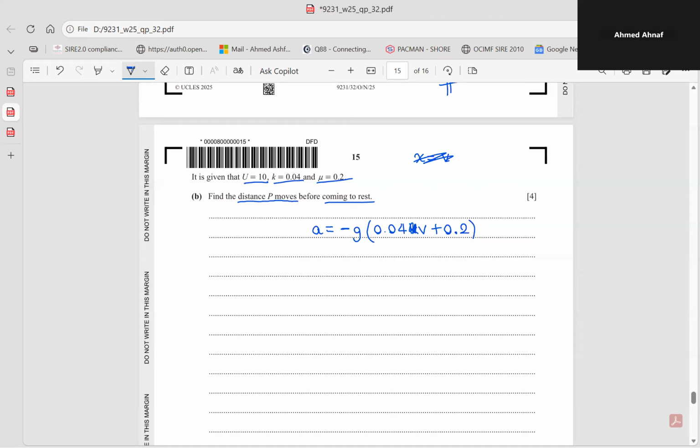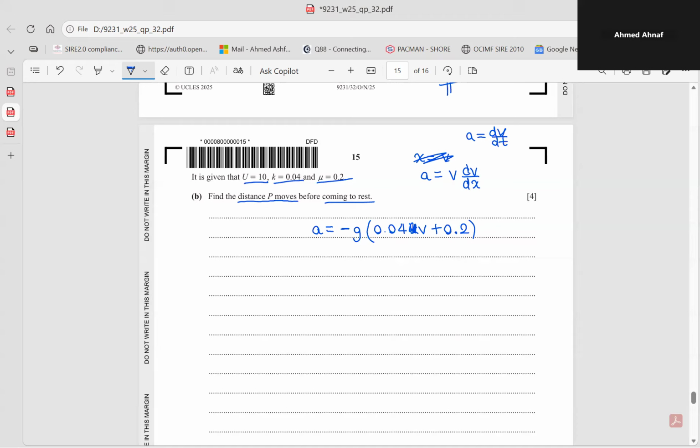This time we're going to use the other expression for acceleration in terms of v and x, which is v dv dx. A little lesson on how you can derive this expression from scratch. We know that acceleration is dv dt.